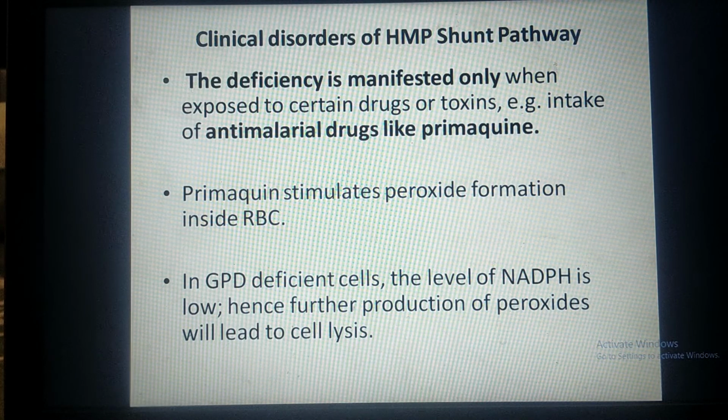They increase H2O2 formation in the body. When the hydrogen peroxide concentration in the cell increases, especially in RBCs, and there is low NADPH level, that is low free radical scavenging activity in such a person, then such RBCs easily undergo hemolysis, and the patient presents with anemia and jaundice in glucose 6-phosphate dehydrogenase deficiency.